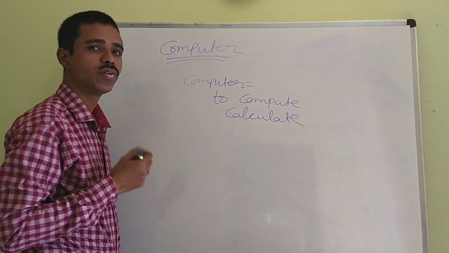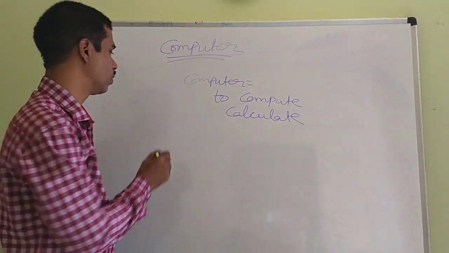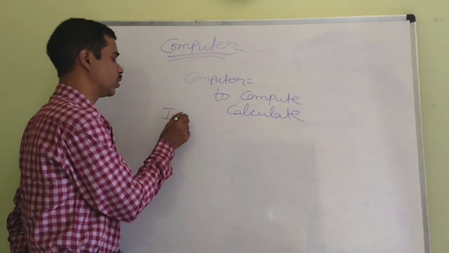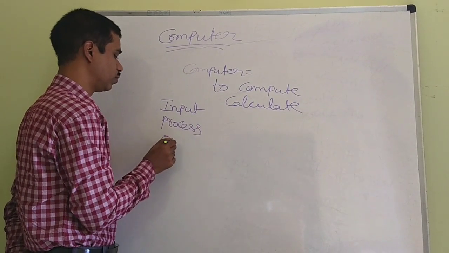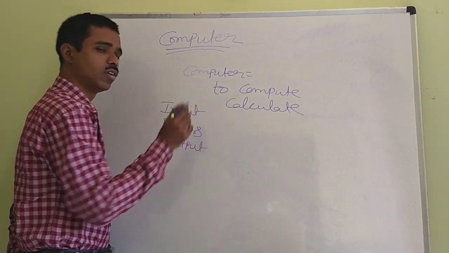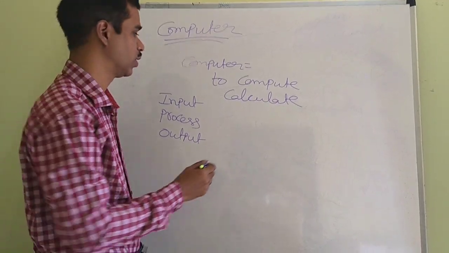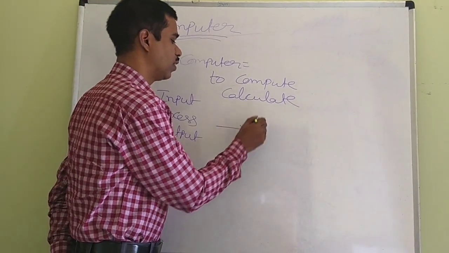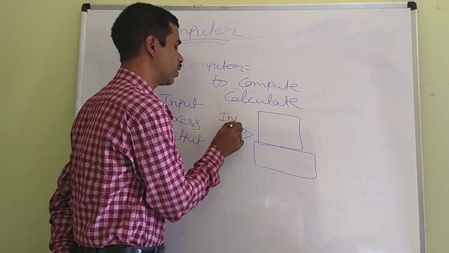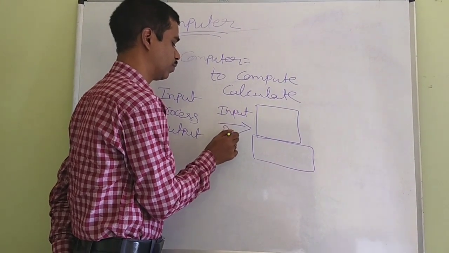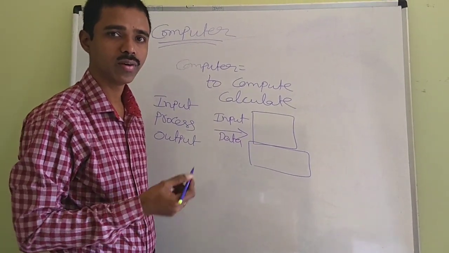Before going to understand the definition of the computer, I would like to discuss the basic definitions of input, process and output. First you have to understand what is input. Input means the data you are giving to the computer through some input device like keyboard and mouse.